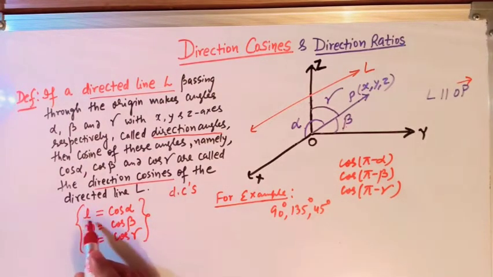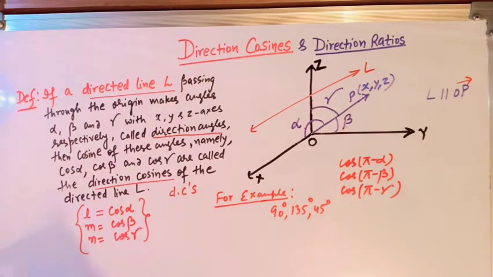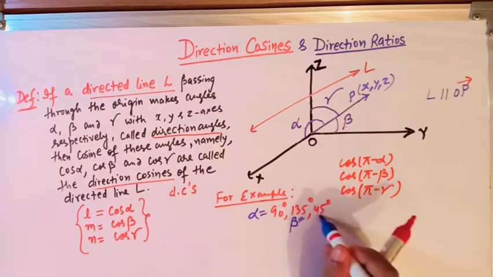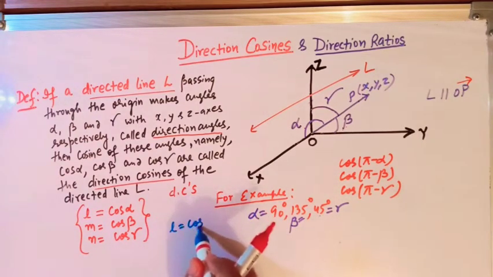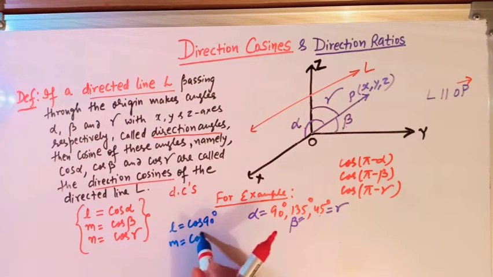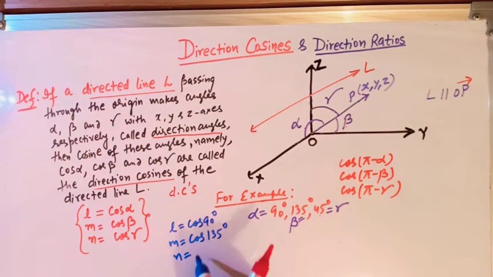So the direction cosines are given by l equal to cos alpha, m equal to cos beta and n equal to cos gamma. So here alpha is 90 degrees, this is beta, and this is gamma, right? So the direction cosines of this line will be l equal to cos of 90 degrees, and then m is cos of beta, which is 135 degrees, and then we have cos of 45 degrees, right?